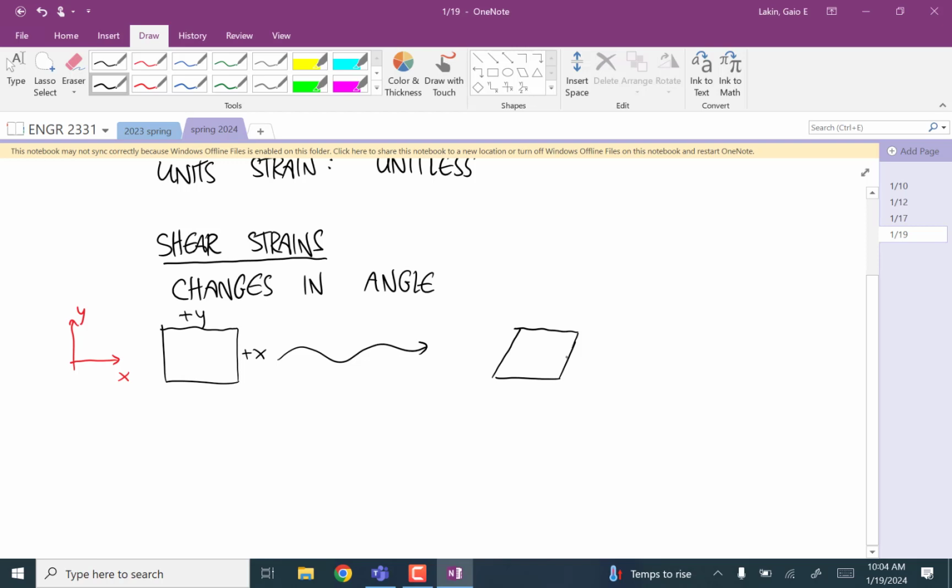So we don't care about this one, because that's the negative x and positive y face. We don't care about this one because it's negative x and negative y. We only care about the angle between the positive and the positive. And so this is the angle that I'm going to call theta x, y.